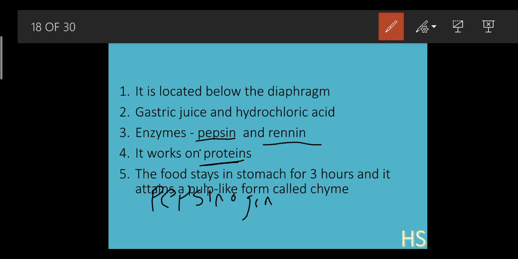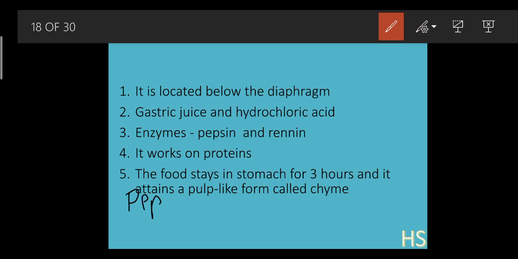It's nothing but an enzyme, the name of an enzyme, which is inactive. What is present in our stomach? HCl. So HCl works upon this inactive pepsinogen and converts it into pepsin. When this pepsin gets converted, the pepsin starts to work upon the proteins.